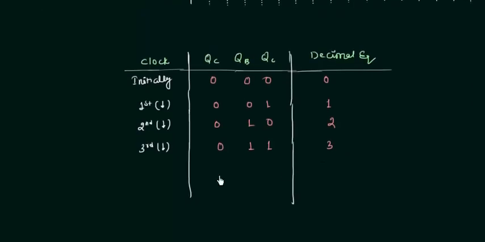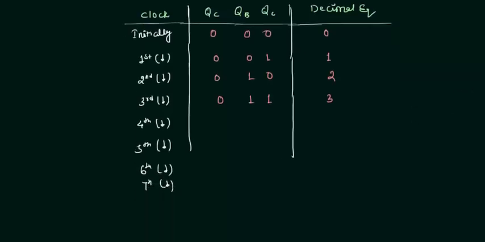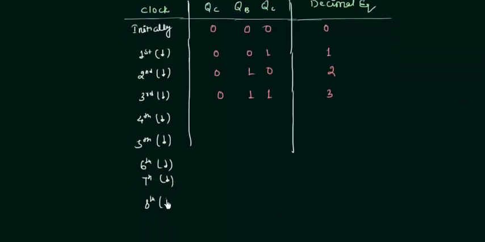Now we will check for the rest of the falling edges, starting with the 4th falling edge. This downward arrow represents the falling edge, and then the 5th, 6th, 7th, and finally the 8th one.